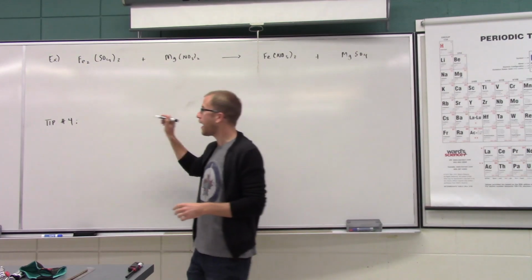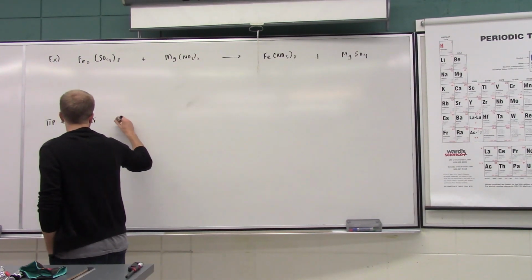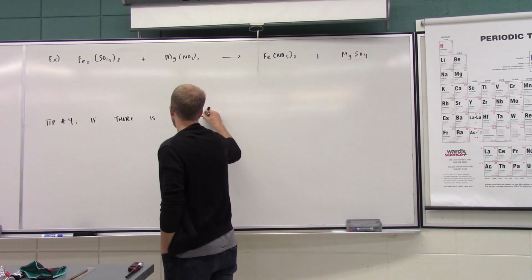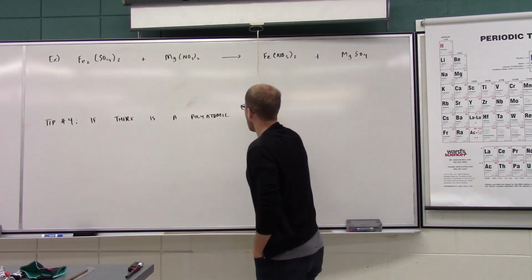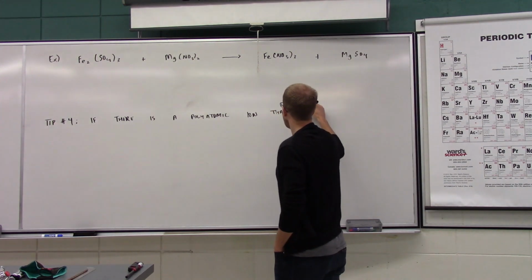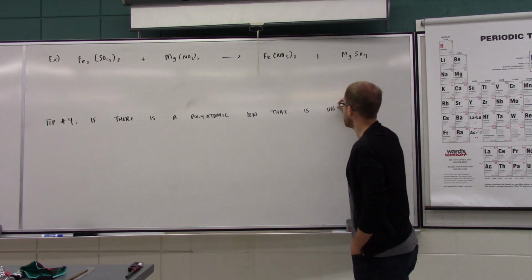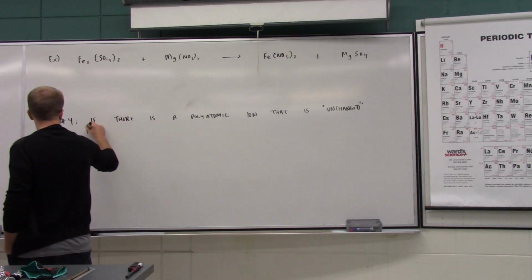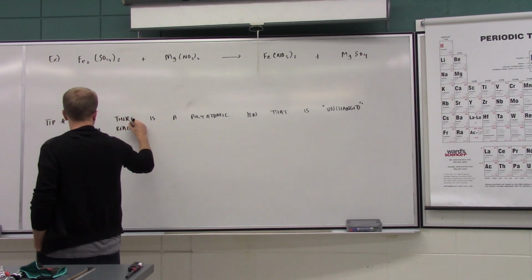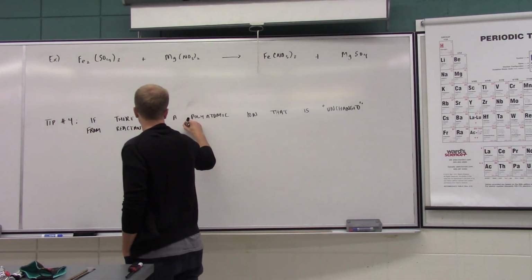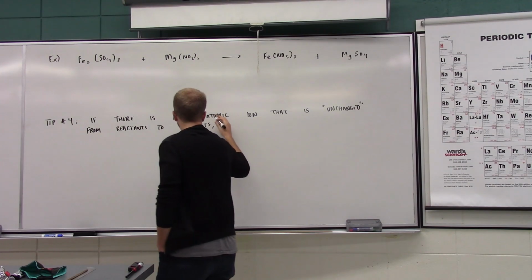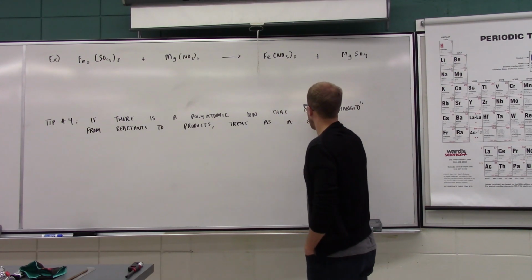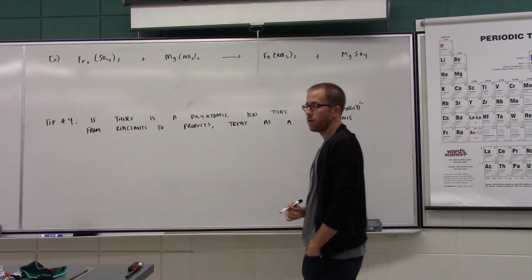And the tip is this: if there is a polyatomic ion that is unchanged from reactants to products, treat it as a single unit when balancing.